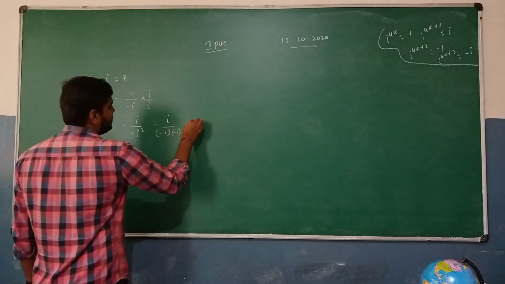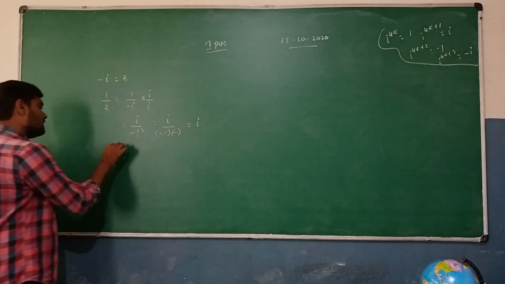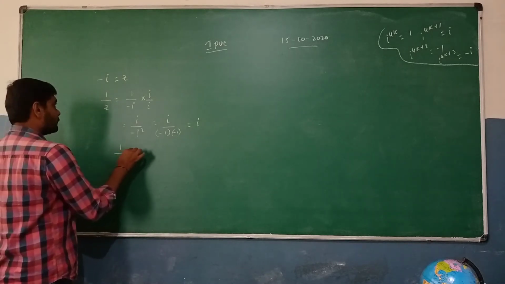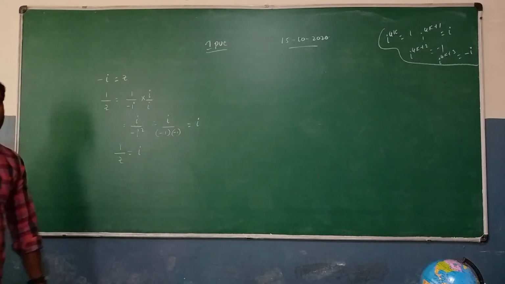So i divided by 1 is i only, meaning the required multiplicative inverse of minus i is going to be plus i.